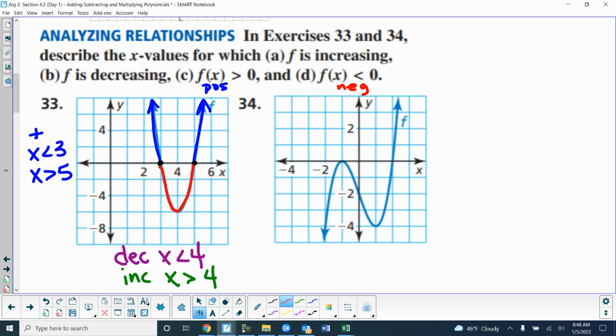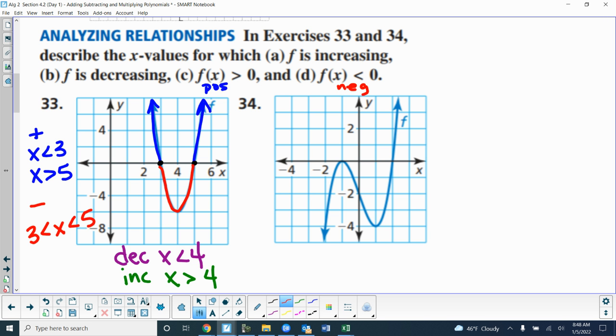So my negative part is from 3 to 5. And we always, when we put between, we use less than symbols. So all x values between 3 and 5, the graph is below the x-axis, so that's the negative part of it.